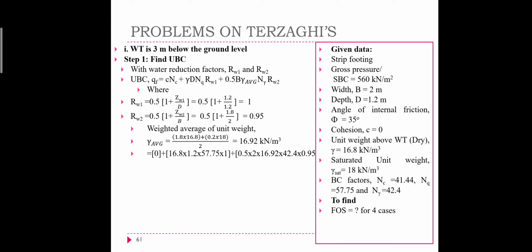In UBC, CNC, C is 0 in this problem, so C is equal to 0. Then NC, substitute the NC value, plus gamma D NQ.